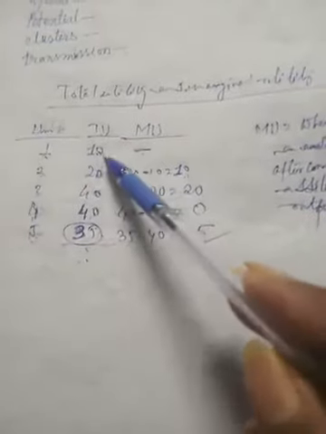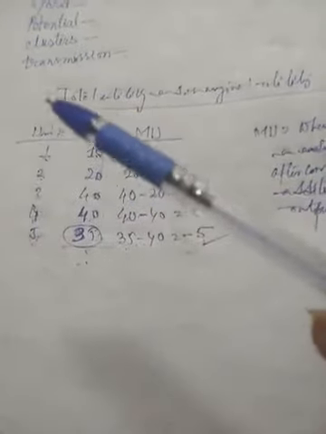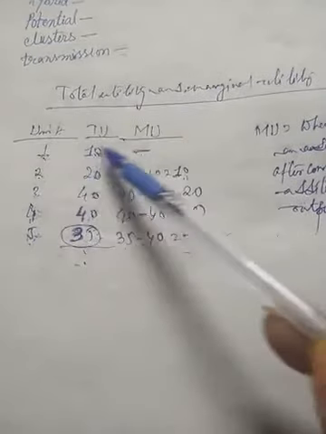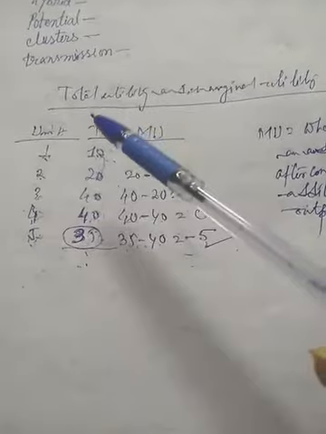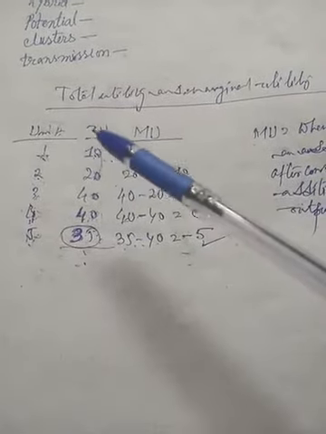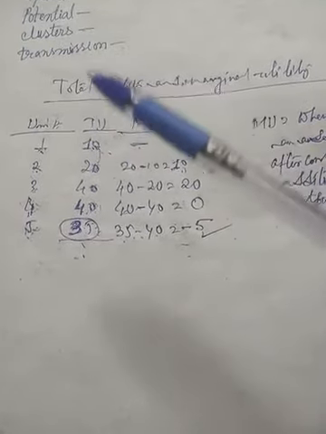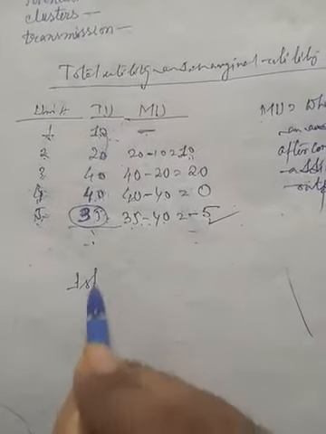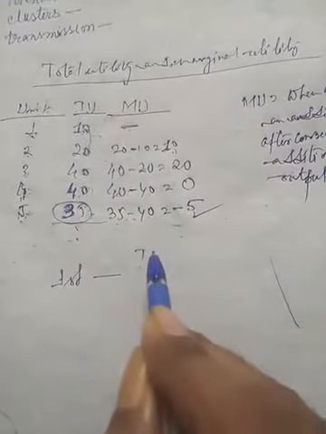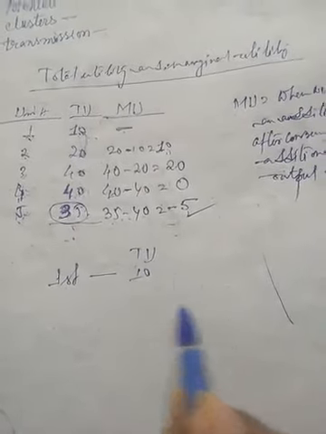Total utility is the utility that we get from any particular units of a commodity. Like the first apple, our total utility is 10.